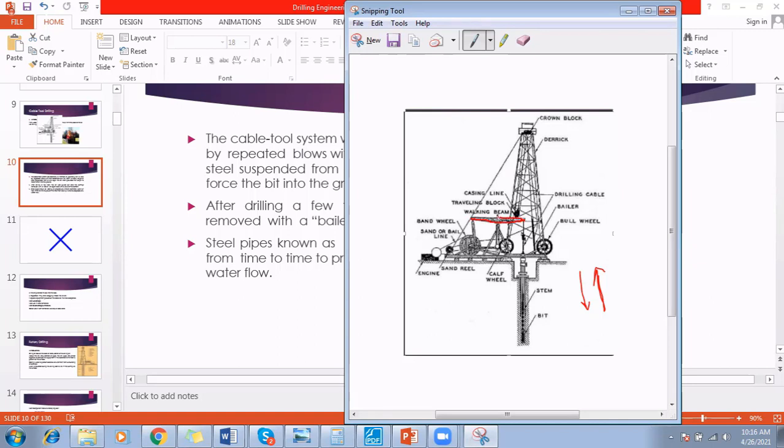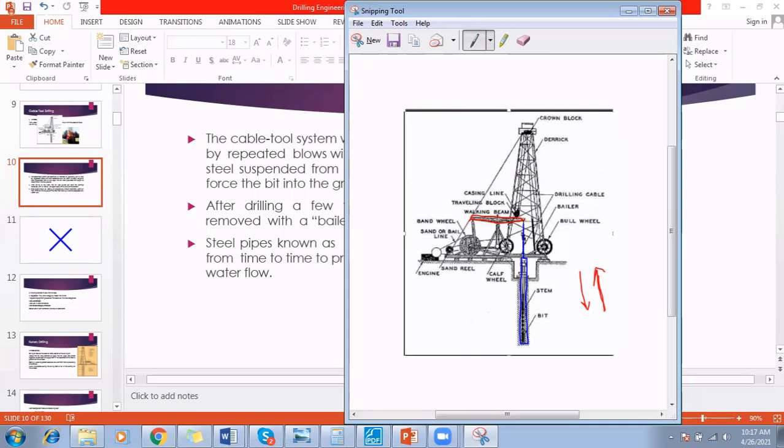This is called the walking beam. And you can see that the assembly that is present in the borehole, that whole assembly is attached to the walking beam.